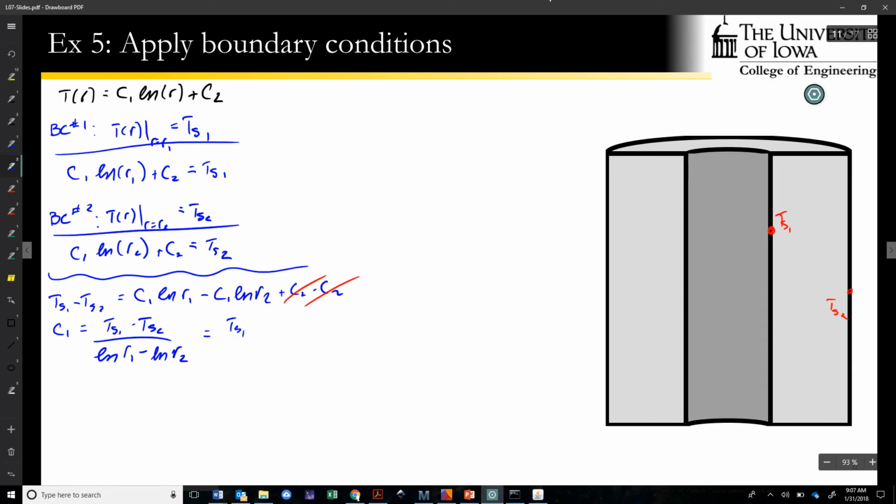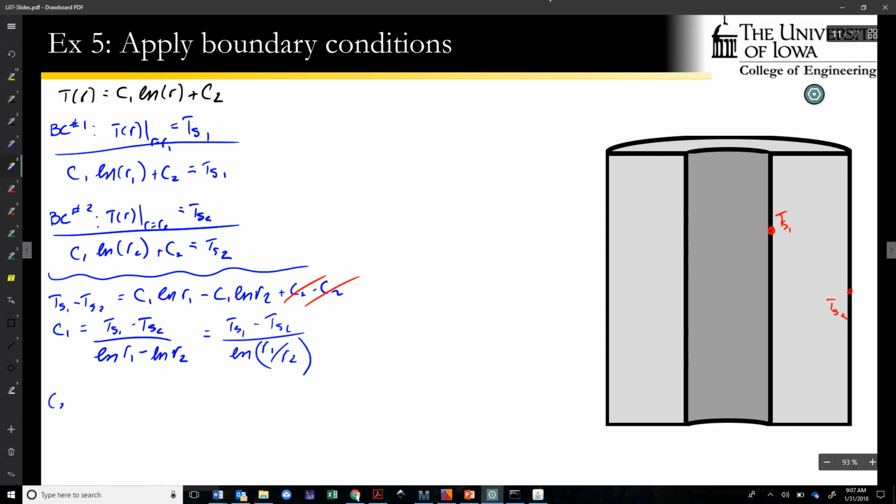And using the logarithmic identities, this is ln of R1 over R2. So we've got C1. If we plug that into either one of these equations, we can find C2.